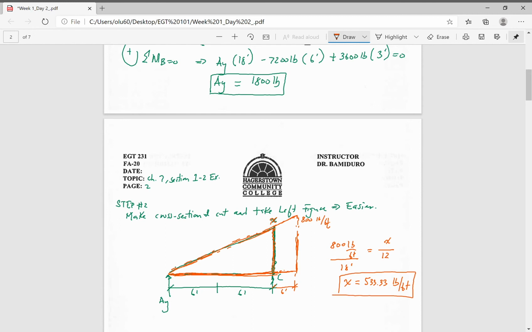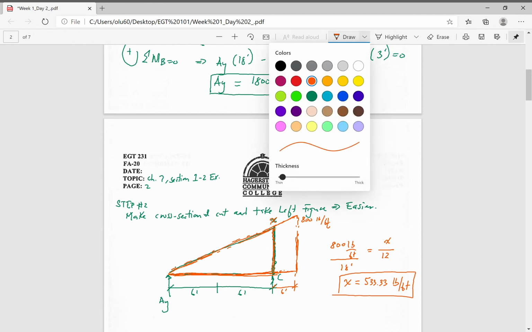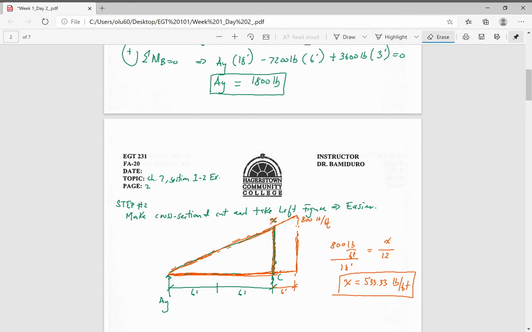Okay, so I can erase this part right here, and all of this right here. I'm just trying to get this thing to erase.